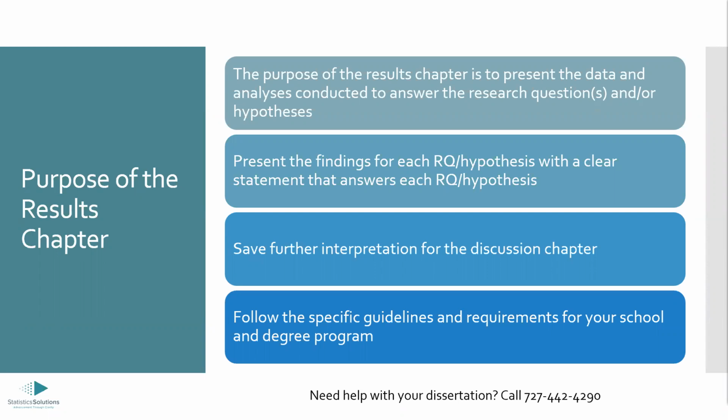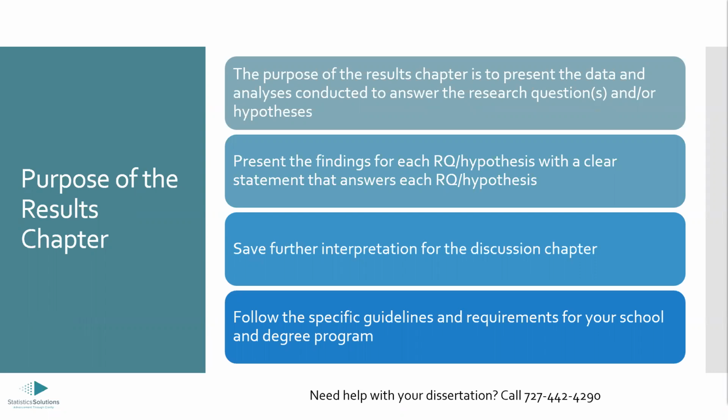It sets up why your research is important, why you're conducting the research, and how you're going to conduct the research. By the time you get to the results chapter, you will have conducted your study already, you will have collected your data and run your analysis to answer your research questions. And the purpose of the results chapter is to present those findings. So it's to present what you found in your research.